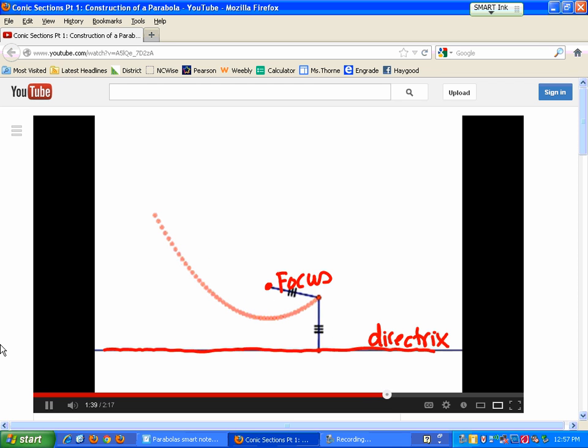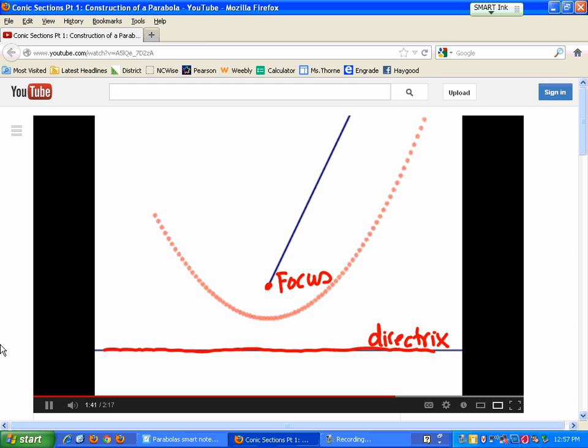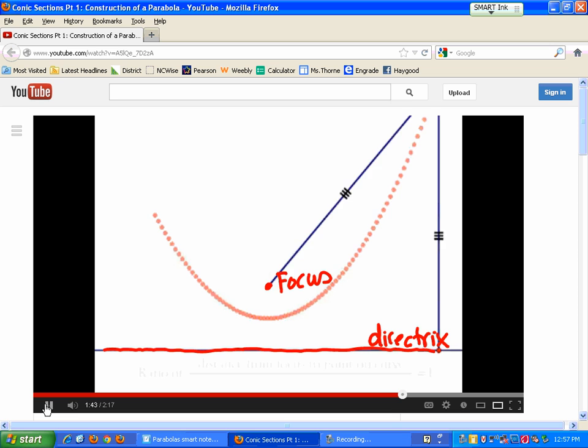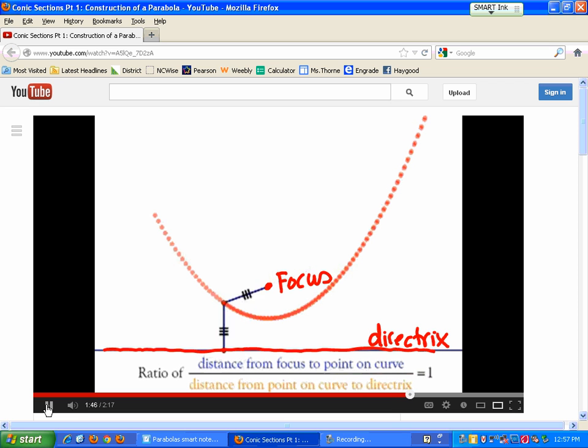So notice when it moves, as long as the points are equidistant, they're going to keep on moving, and you're going to get the shape of your parabola. And if we go back down to right about there, the distance from here to here is always going to be the same, because notice that the length from the focus to any point on the parabola and from that point to the directrix is always going to be equidistant.